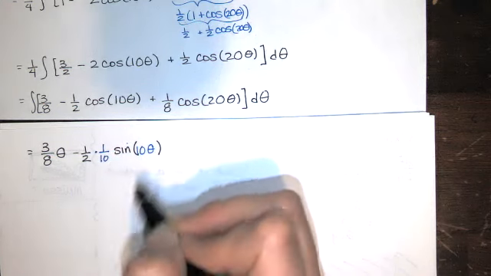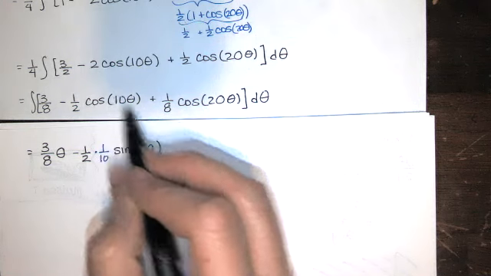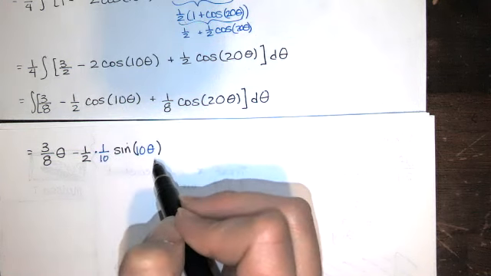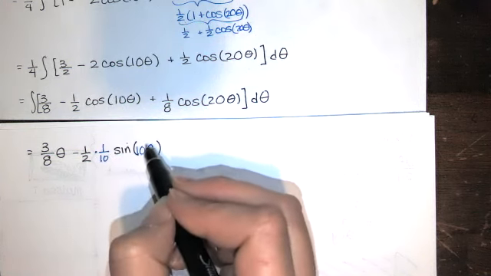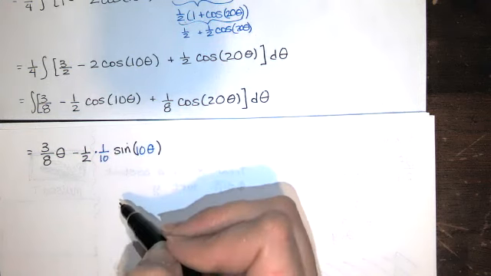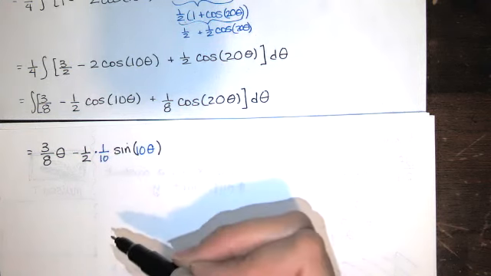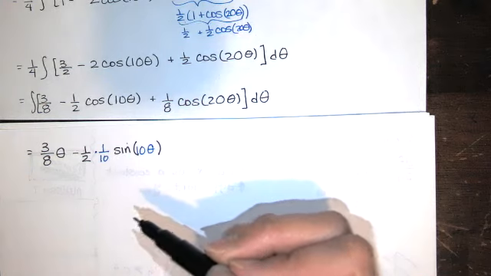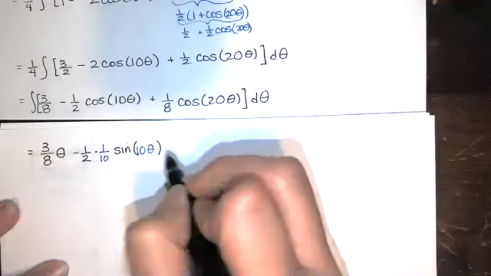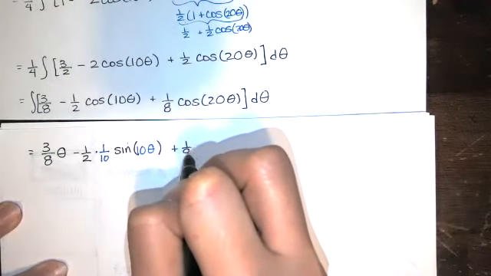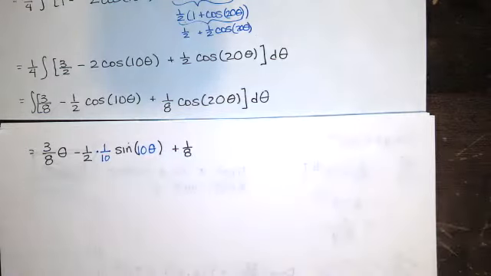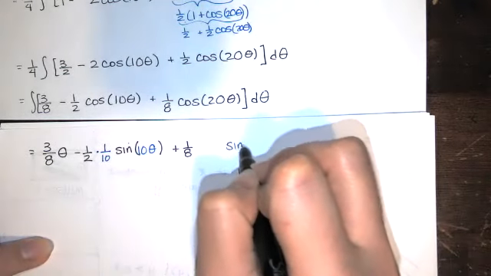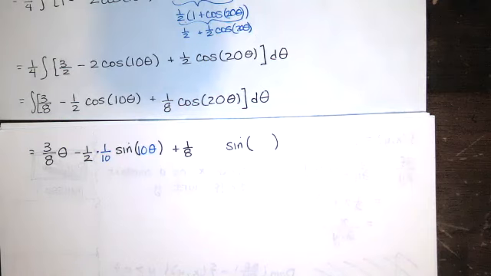If you have a constant times your variable inside, you just apply the basic rule. You replace the variable with your constant times your variable, and just make sure you divide by that constant. So if that's a kx, we have to have a 1 over k out front. So we have that there. Same thing here, you've got a 1/8. The antiderivative of cosine of an angle is sine of that angle.